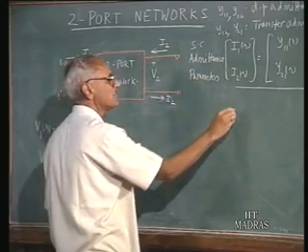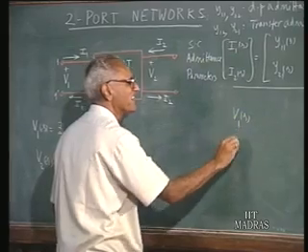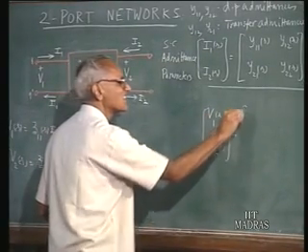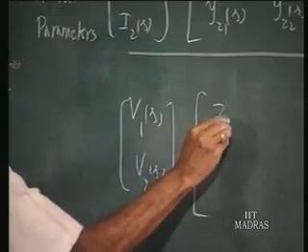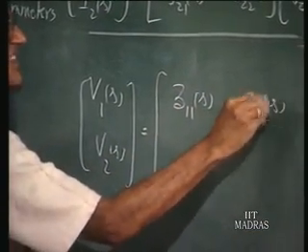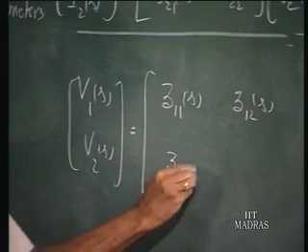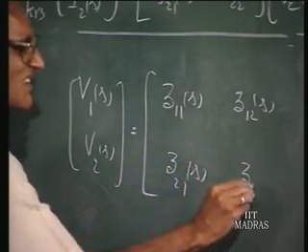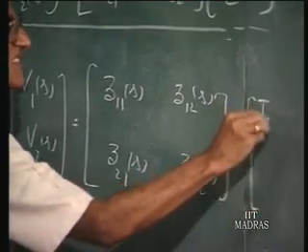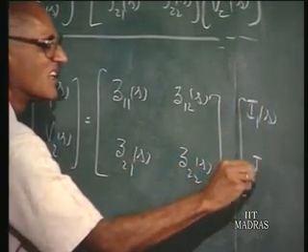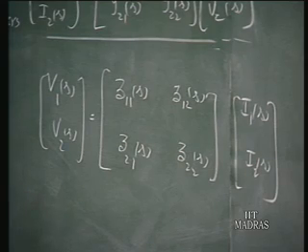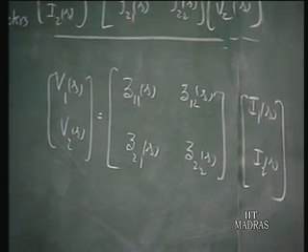In a similar fashion, we can write V1 of S and V2 of S as Z11 of S, Z12 of S, Z21 of S, Z22 of S times I1 of S, I2 of S. These are called open circuit impedance parameters.